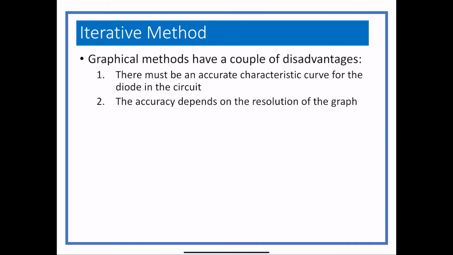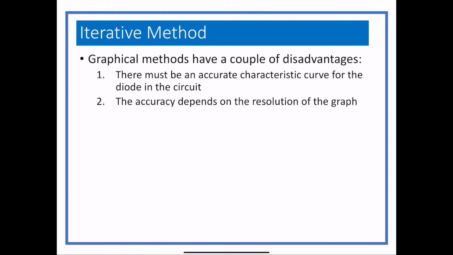And admittedly, the previous graph was not to scale at all because it showed the voltage of the diode being halfway to the source voltage, and really that's not the case. Usually the diode voltage is around 0.7 and the source voltage might be 10, so you lose a lot of resolution when you graph those together.